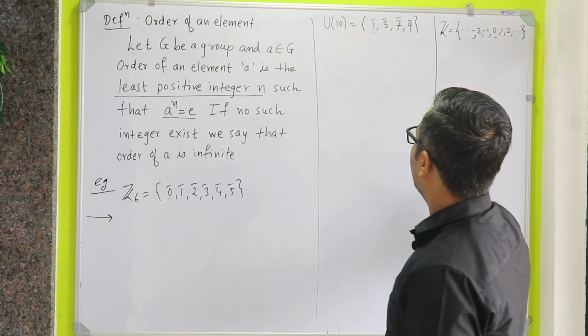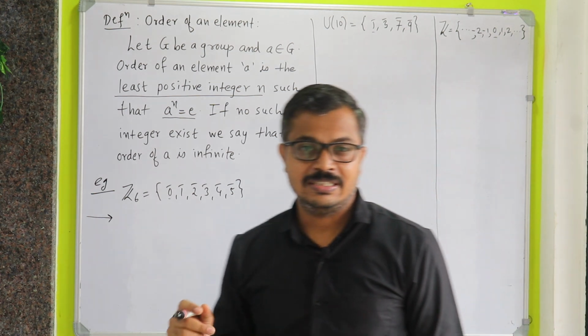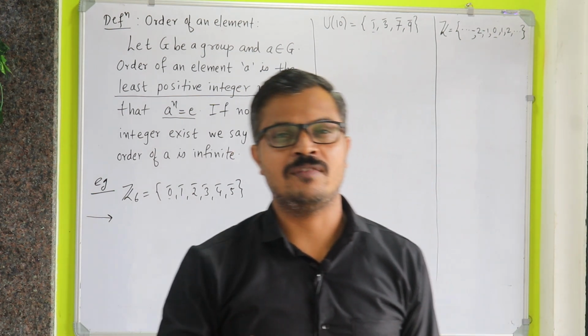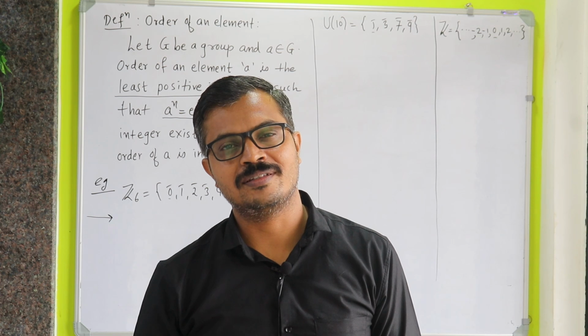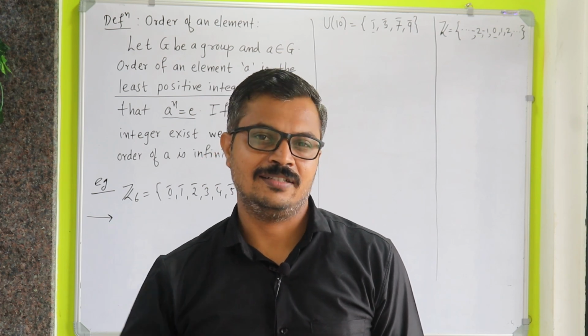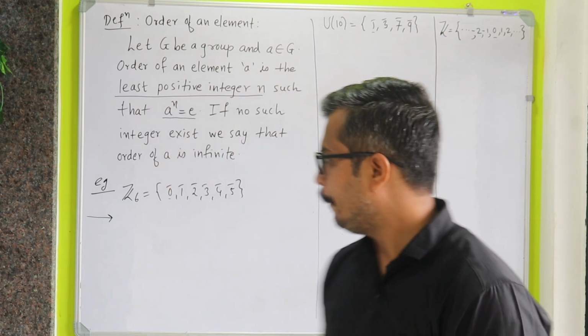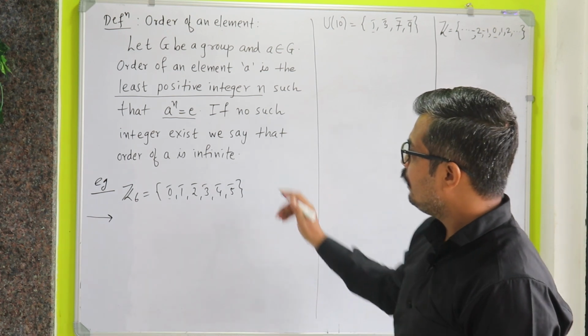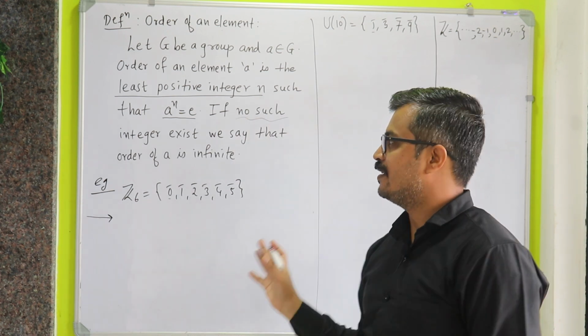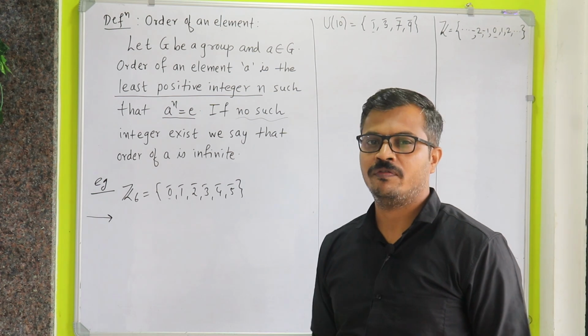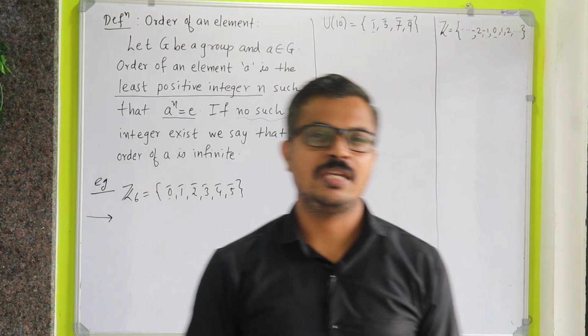And in case of integers, that is Z, A raised to n will be simply A plus A plus A, and this will be continued. And if no such integer exists, then we say that the order of A is going to be infinite.